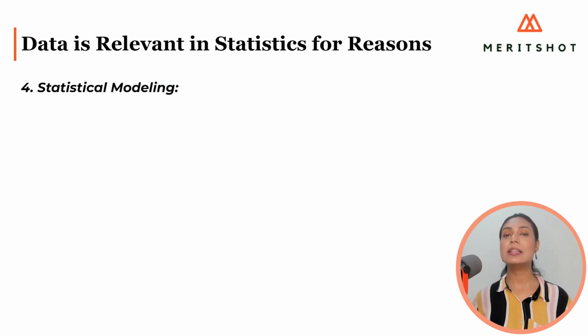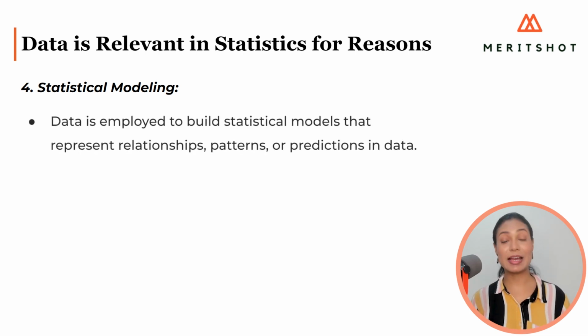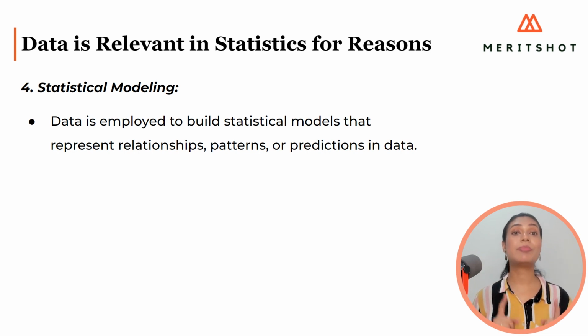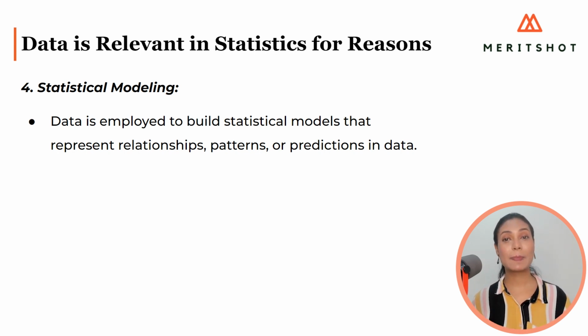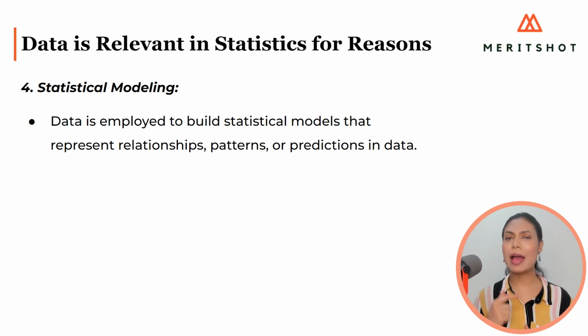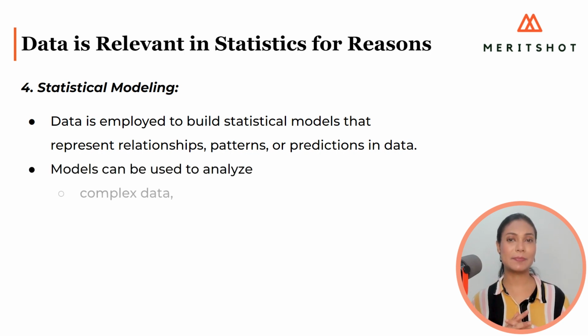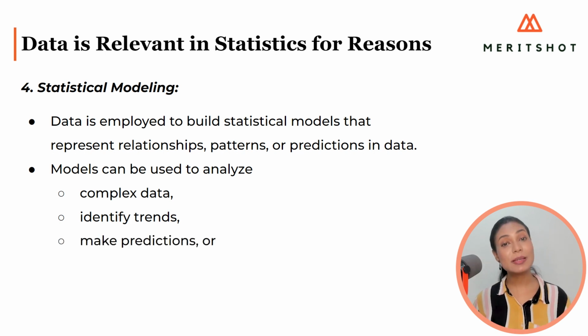Number 4, statistical modeling. Data is employed to build statistical models that represent relationships, patterns, or predictions in the data. Models can be used to analyze complex data, identify trends, make predictions, or simulate scenarios.